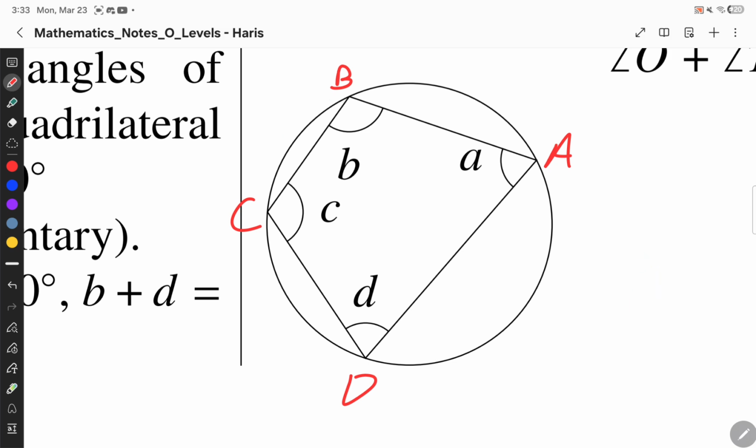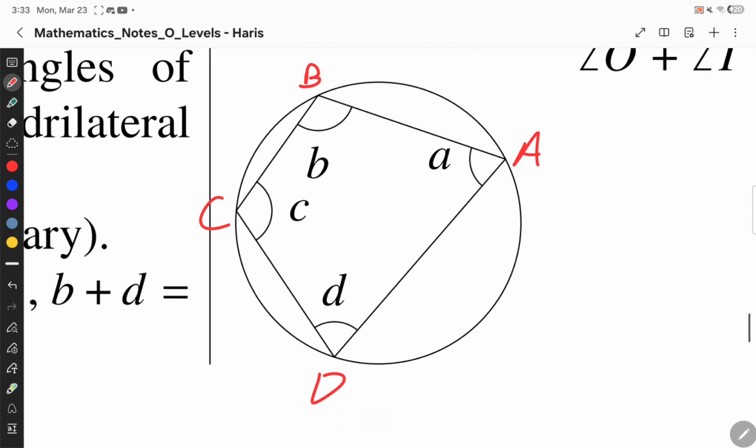Clockwise or anti-clockwise, you just have to check the other vertex of this quadrilateral. So A, B, D, C. This is a pair. B, C, D. This is a pair. C, D, A. This is a pair.